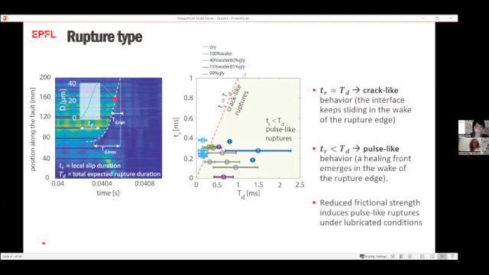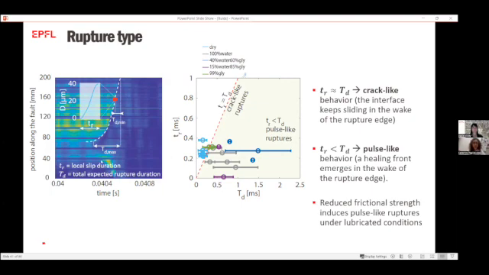The rupture duration is the total expected duration of the rupture, considering its nucleation location. And so if these two times are comparable or similar to each other, this indicates that the rupture propagates mostly crack-like. That means that the interface keeps sliding in the wake of the crack tip.